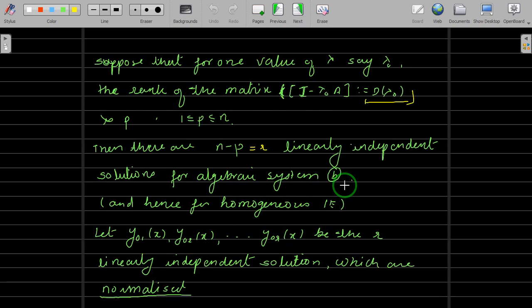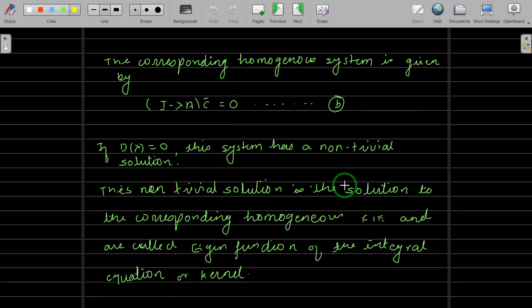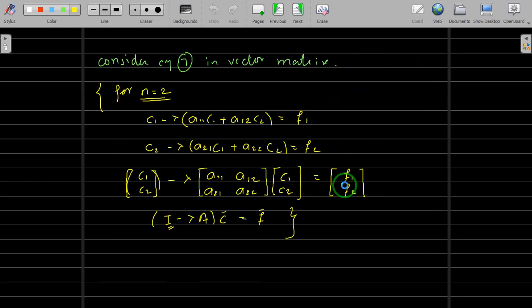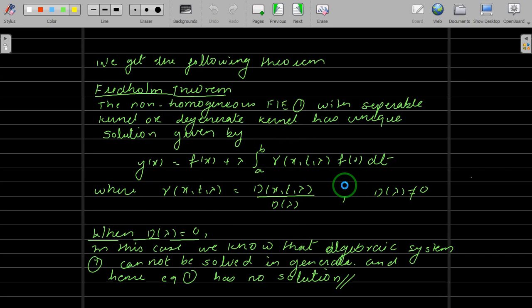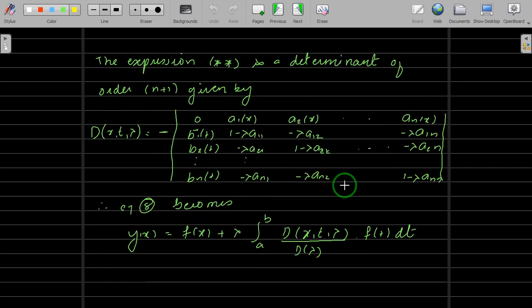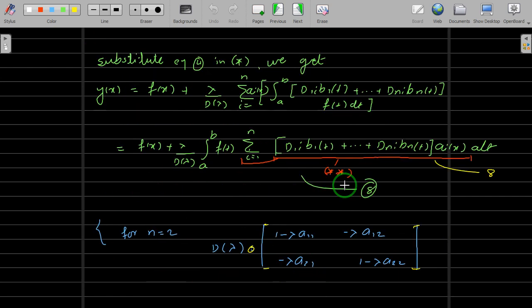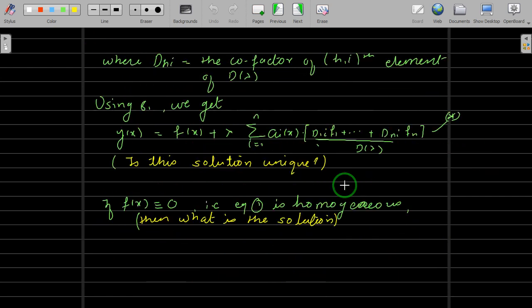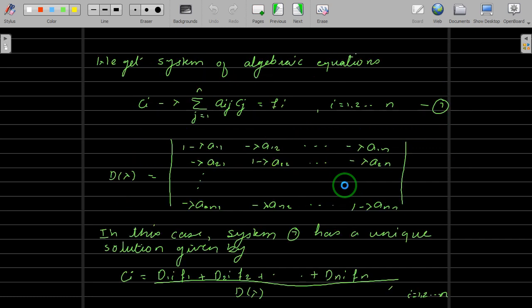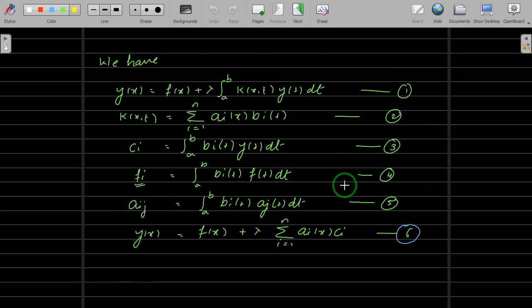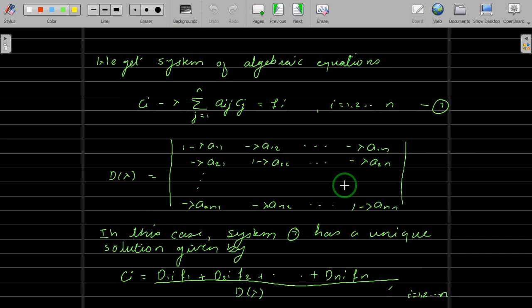I don't know where it is. Yes, here. This system, equation number 7.